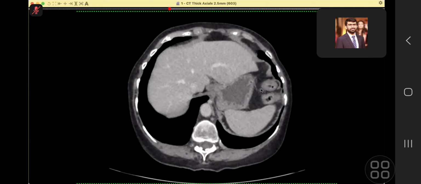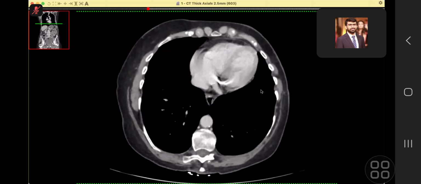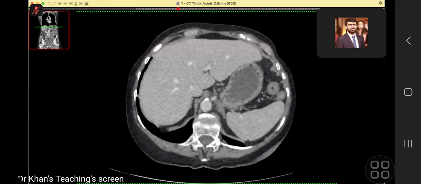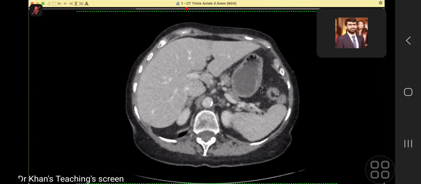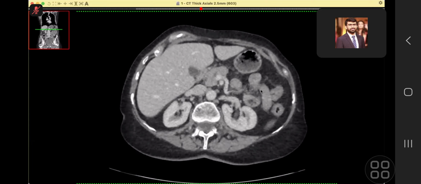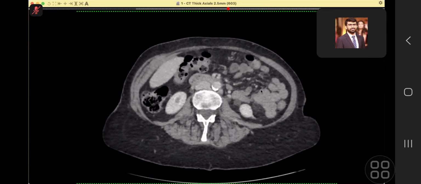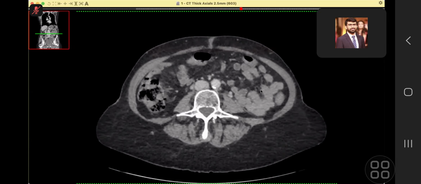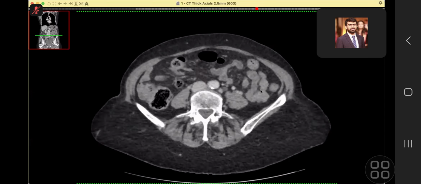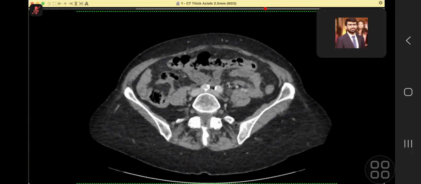Sir, I am presented with a contrast enhanced CT of the chest, abdomen, and pelvis. I will concentrate on the abdomen and pelvis images. The liver is normal. The pancreas also appears to be normal. Kidneys appear normal to me. And going downwards, there is a non-specific bowel gas pattern.